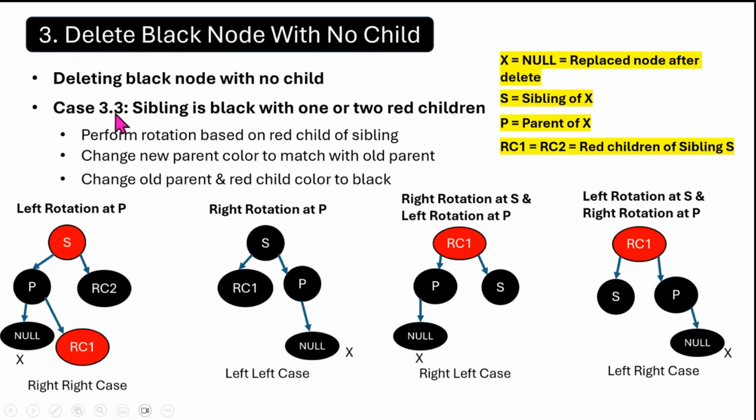So 3.1, 3.2, and 3.3. And in the last case, we have four subcases depending on the structure of the sibling, which is black, and the red children of that sibling. So hope you understood how the self-balancing algorithm works in a red-black tree during deletion.